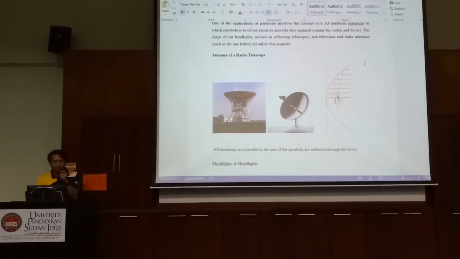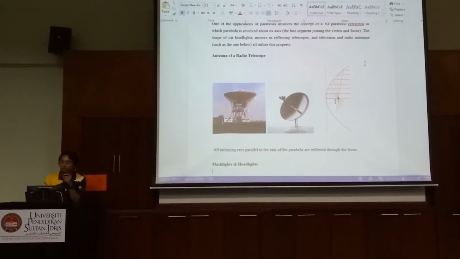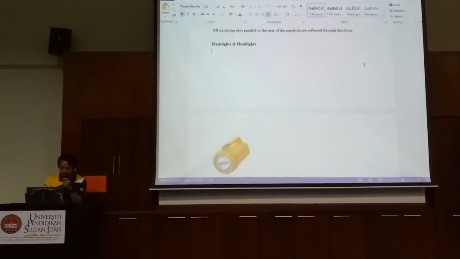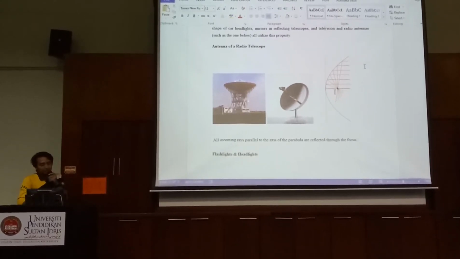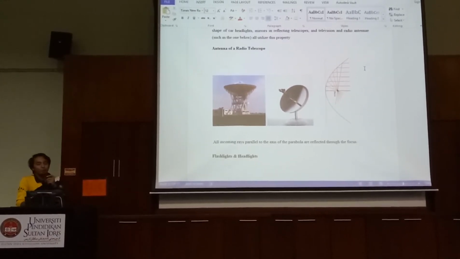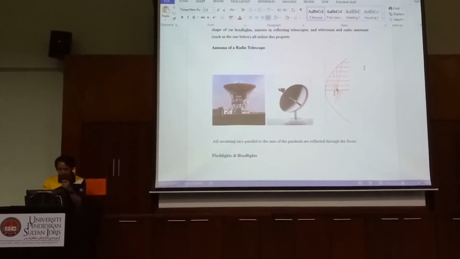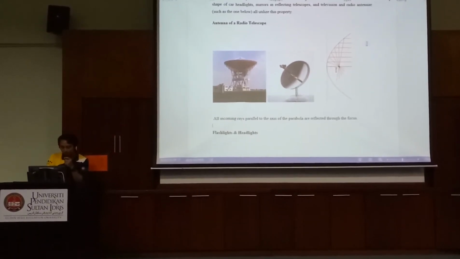The shape of car headlights, mirrors in reflecting telescopes and television, and also radio antennas, such as the one below. You can see the picture. All these have the shape of a parabola. All incoming rays parallel to the axis of the parabola are reflected through the focus.